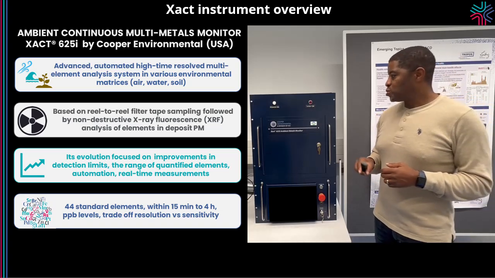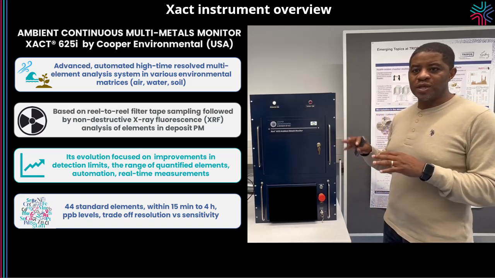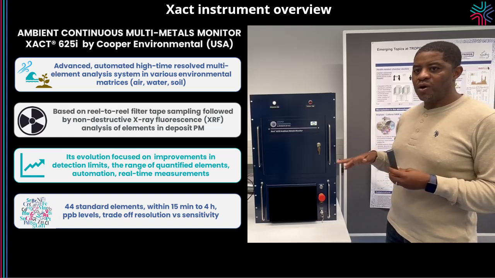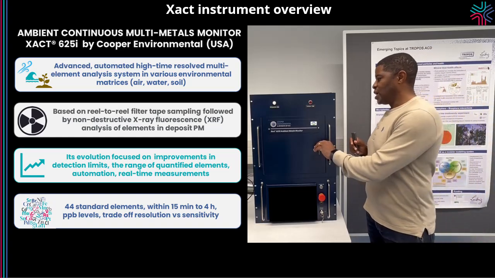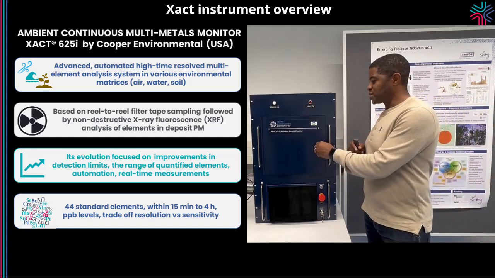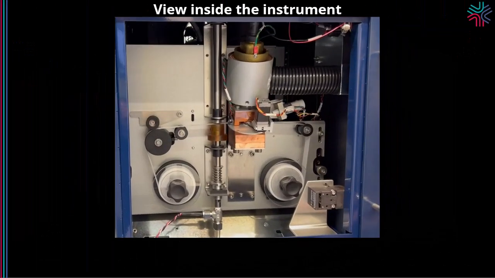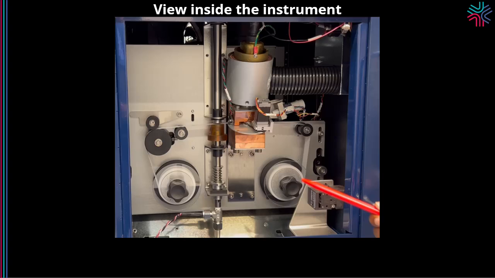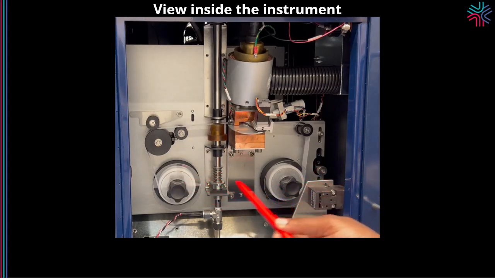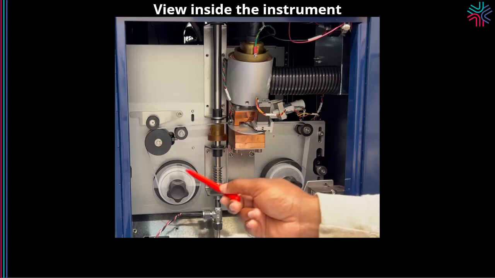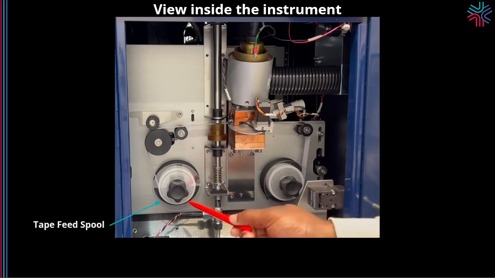Now I will switch to the instrument and show you how it looks inside and how certain aspects can be run. So now we'll have a quick look into the inside of the instrument. The first thing you notice is the reel-to-reel setup. You have a filter tape here which you can mount by taking off this knob.